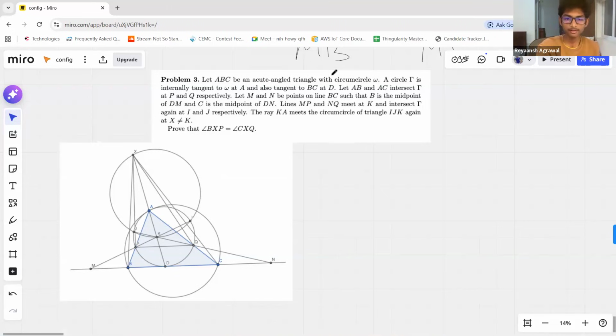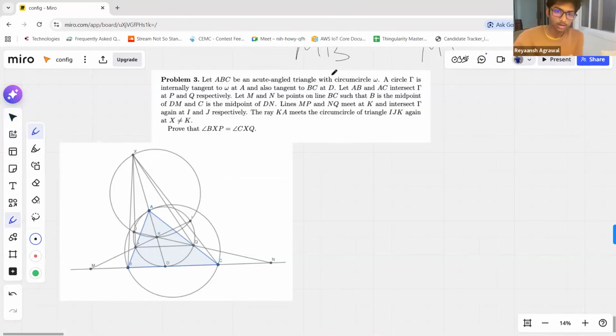So we have a triangle ABC inscribed in a circle, and a smaller circle internally tangent to the circumcircle at A, and also tangent to line BC at D. Now AB and AC intersect the smaller circle again at P and Q. And M and N are points on line BC such that MB equals BD. So basically M is the reflection of D about B, and similarly N is the reflection of D about C. Did everyone understand till that?